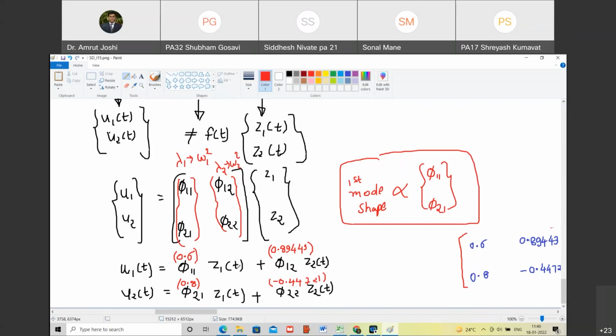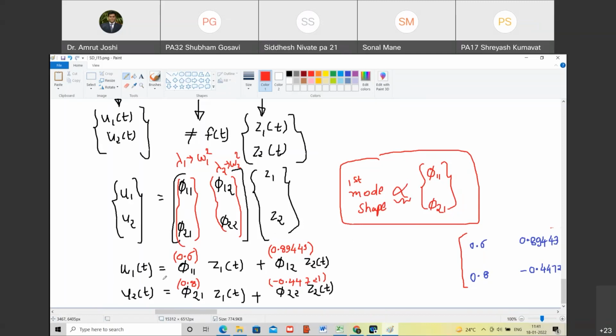If I give you t equal to 10 seconds, Z1 of t in both places is going to have the same value. That value can be considered to be alpha. Are you with me? Yes, sir. And then u1 of t will be equal to phi 11 into alpha, u2 of t will be equal to phi 21 into alpha. So you are going to have the deformed shape very close to the first mode shape at a very late time. Do you agree with me? Because the second term is going to vanish. Is it understood?